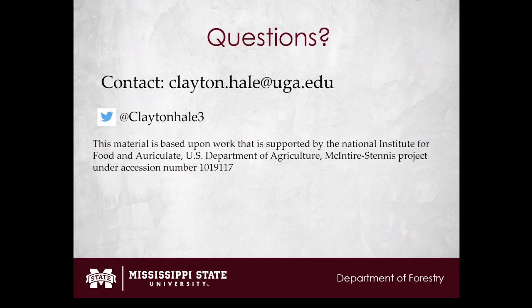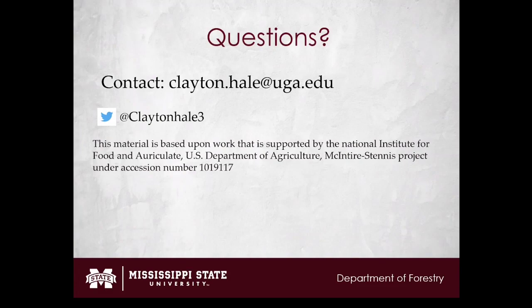So this is a little bit more of a technical question: is there a minimum number of plants required to count as an occurrence? No. Basically, all I need is one plant there.